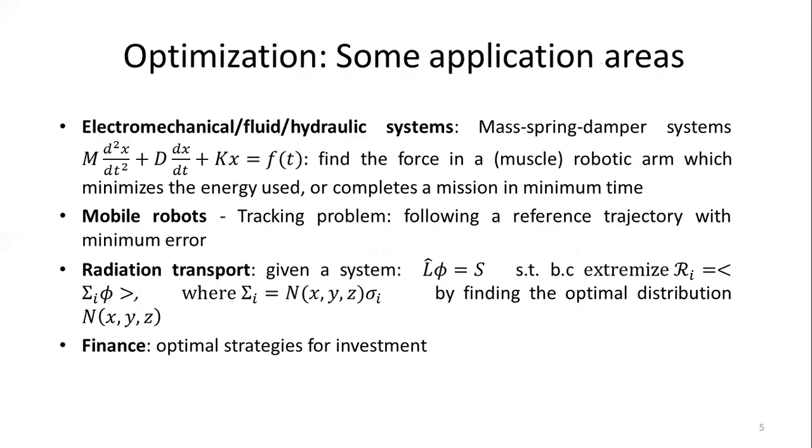Some application areas of optimization in engineering are electromechanical systems, fluid and hydraulic systems, where you could formulate using the mass spring damper model. You could find the force in a muscle robotic arm to minimize the energy used of a battery, or to complete a required mission in minimum time.